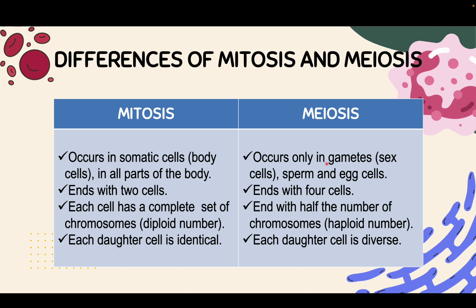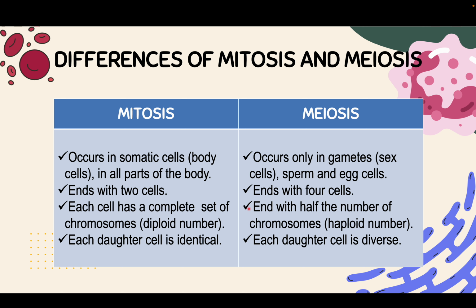Okay. Now, some key differences. Mitosis ends with two cells. Meiosis will end with four cells. Diploid in number for mitosis, still the same number of chromosomes as the parent, while for meiosis the daughter cells will have half the number of chromosomes of the parent cell.